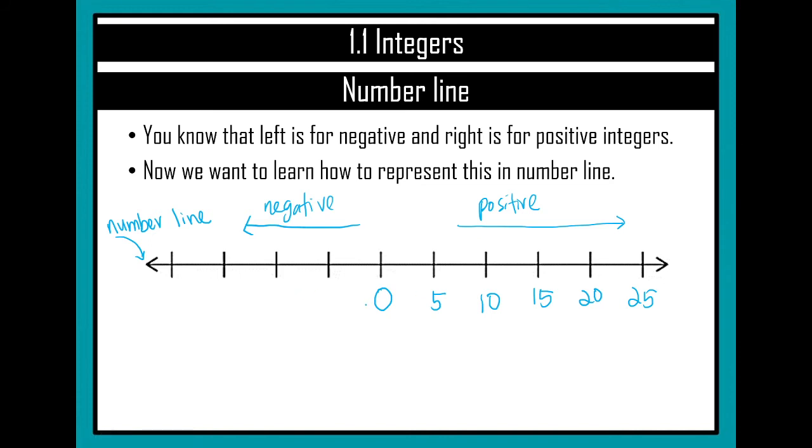We repeat the same thing, but this time with negative at the front: negative 5, negative 10, negative 15, negative 20. Make sure the numbers are in a uniform scale.